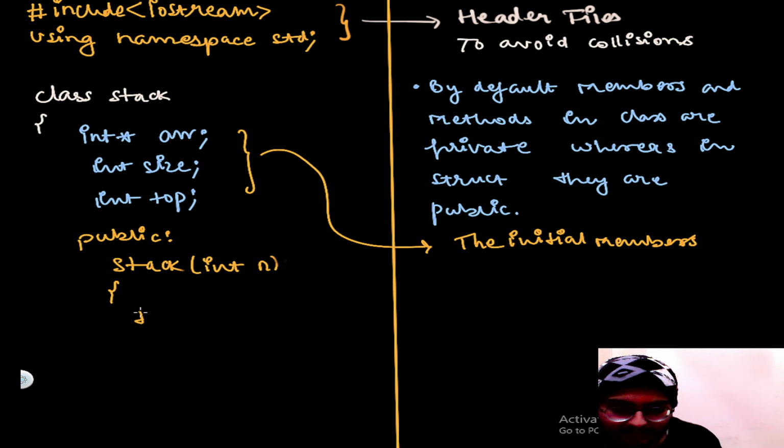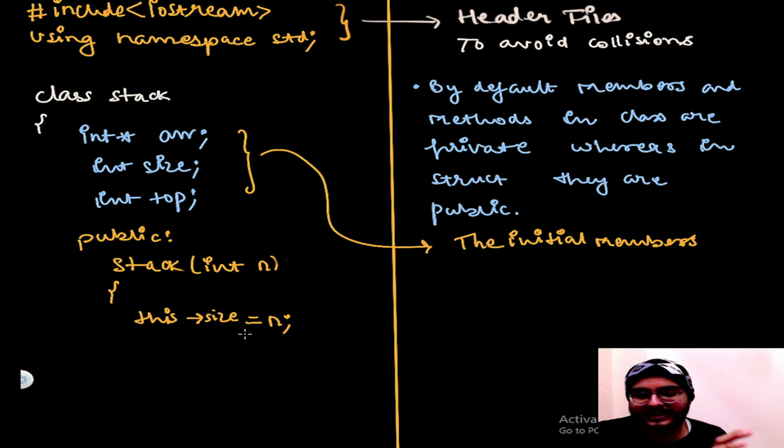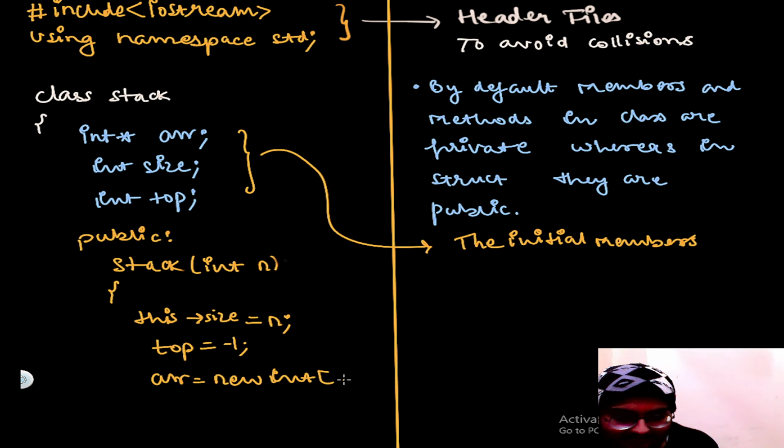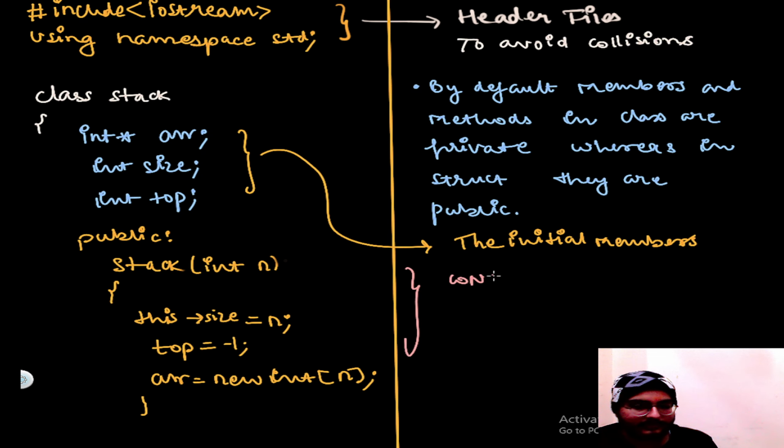So what I will do is size is equal to n. Actually this is not required, but make sure that you understand what size is. And top is equal to -1, and array is equal to new int of n. So this is basically the constructor.